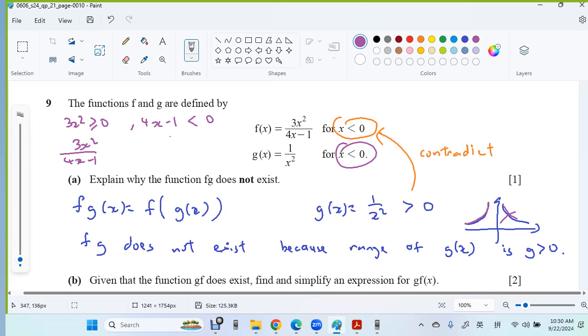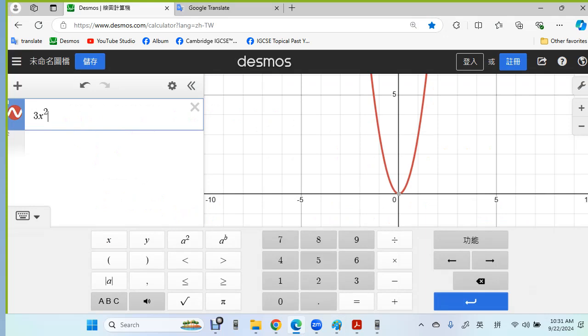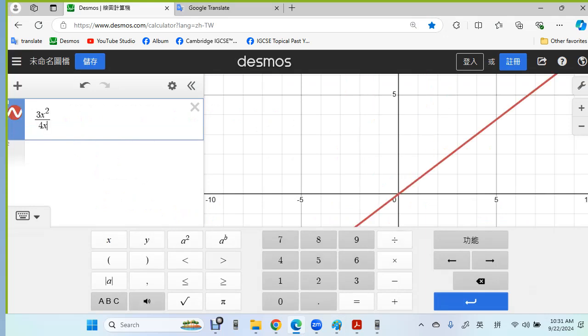Then when 4x minus 1 is less than 0, if x is less than 0, this thing will become less than or equal to 0.